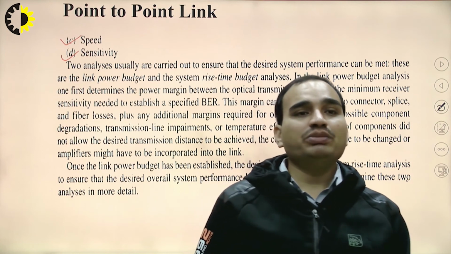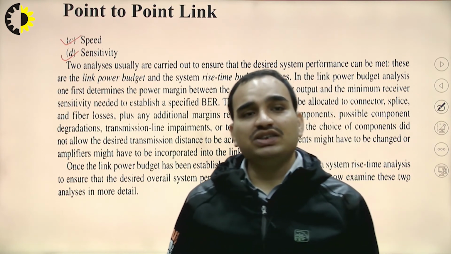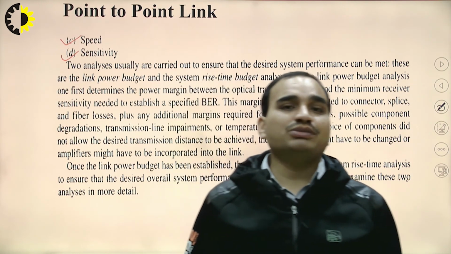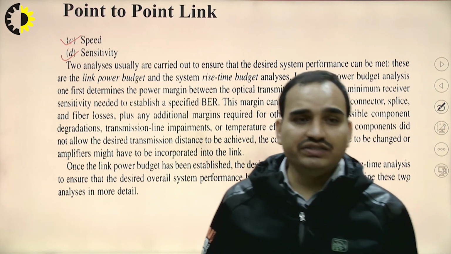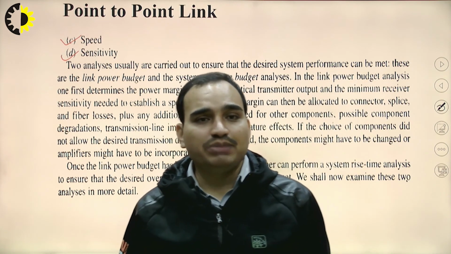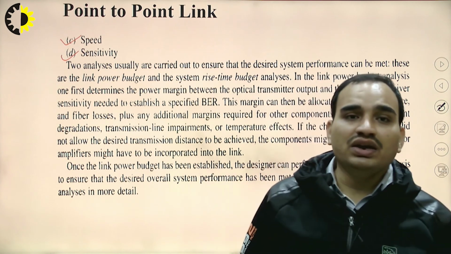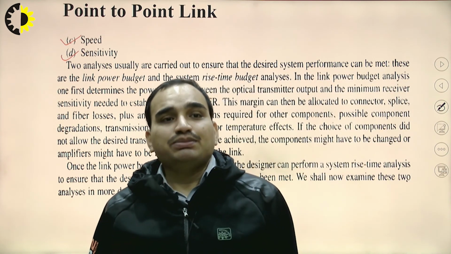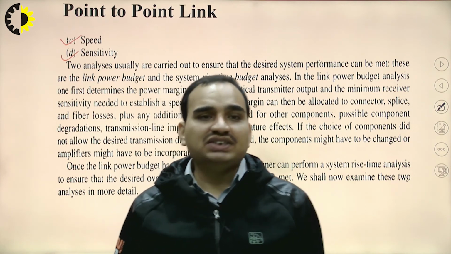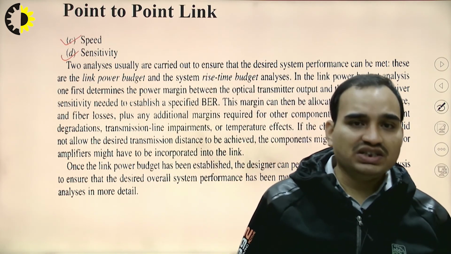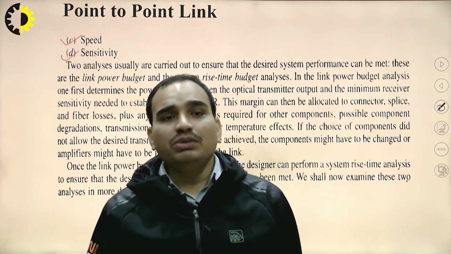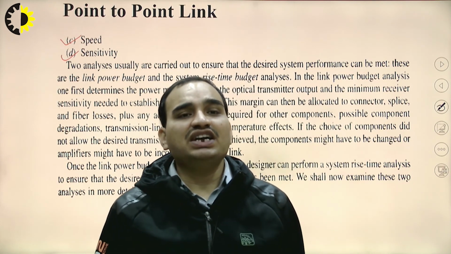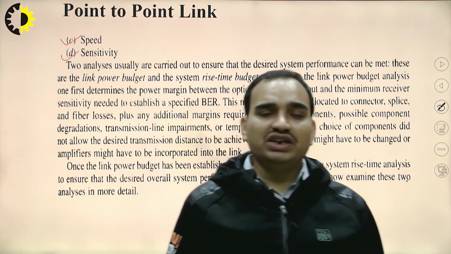In the link power budget analysis, one first determines the power margin between the optical transmitter output and the minimum receiver sensitivity needed to establish a specified BER, and this margin can be allocated to connector, splice and fiber loss, plus any additional margin required for other components, possible component degradation, transmission line impairments or temperature effects.